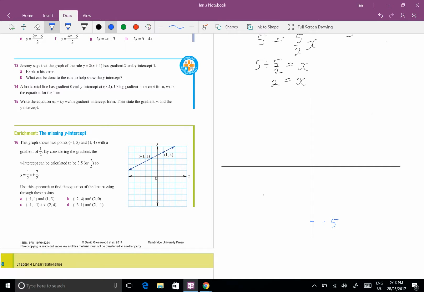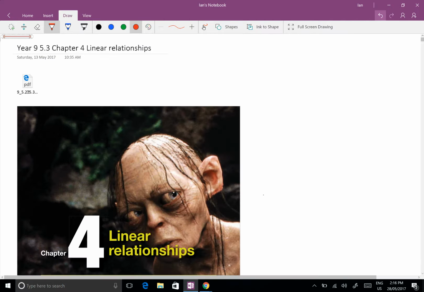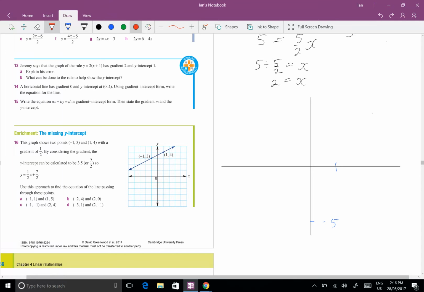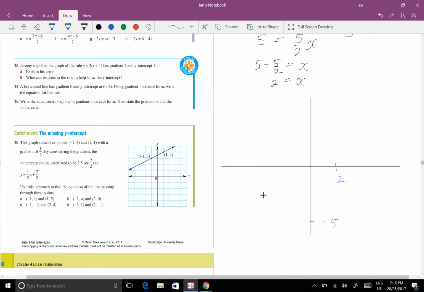Smart people can do that very quickly in their head. So 2 is about there. I then grab a straight line, put 2 back in, make that red, and adjust where the 5 is, because it should be there.